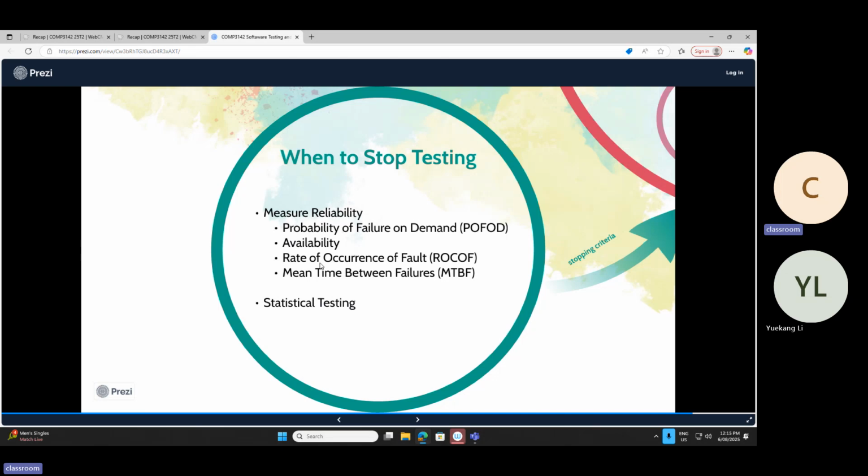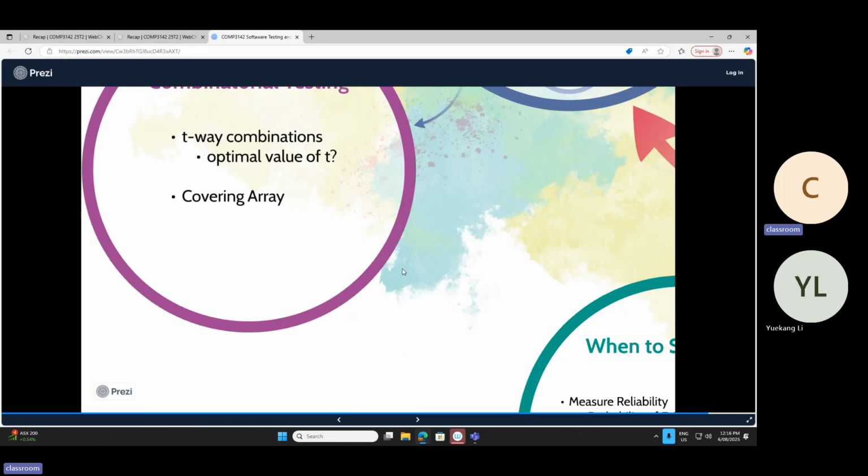And lastly, we introduced the concept of statistical testing, which can be used to measure these metrics. It simulates the real usage environment: we collect the usage profile of the users and then simulate how this program runs in this simulated environment and collect all the values for these metrics. So this is about when to stop testing.